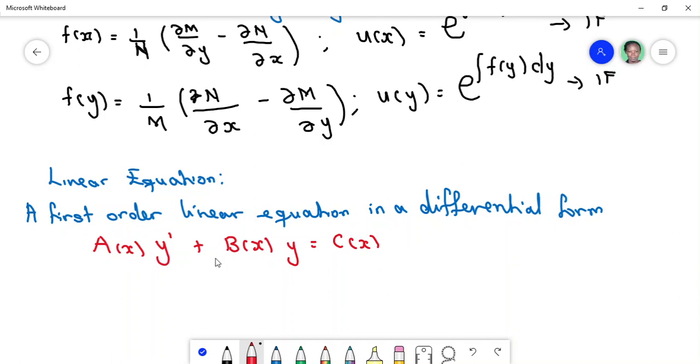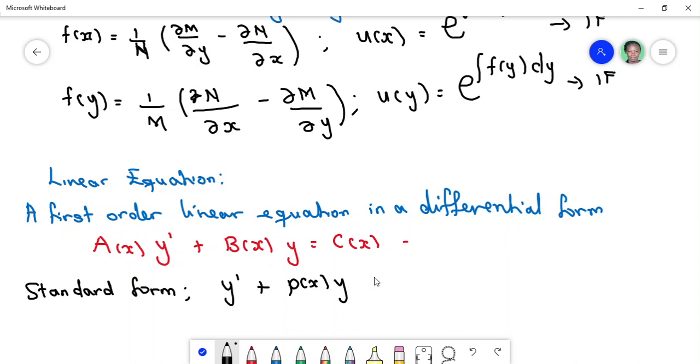The other way round, it will be different. So this is the differential form. If it was in the standard form, then I could have the first derivative dy dx plus p of x y equal to k of x.